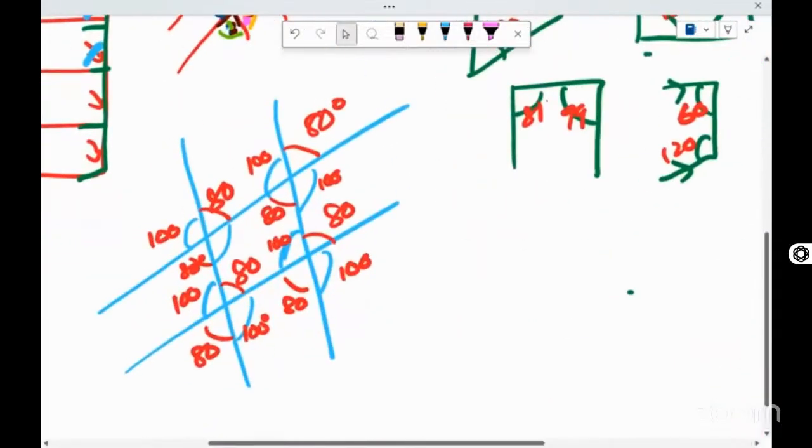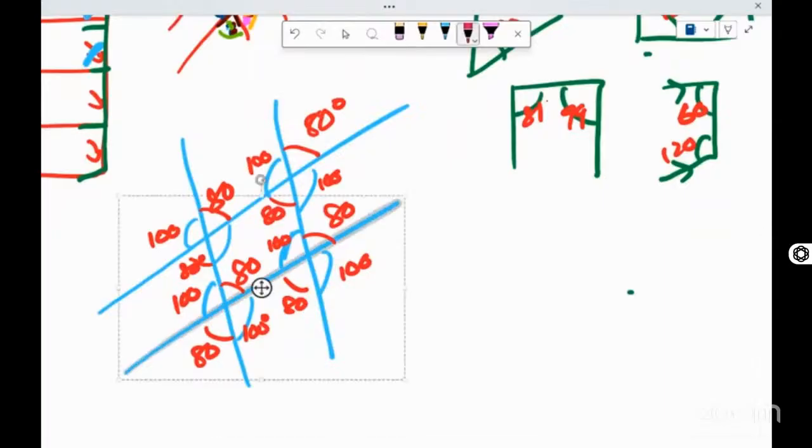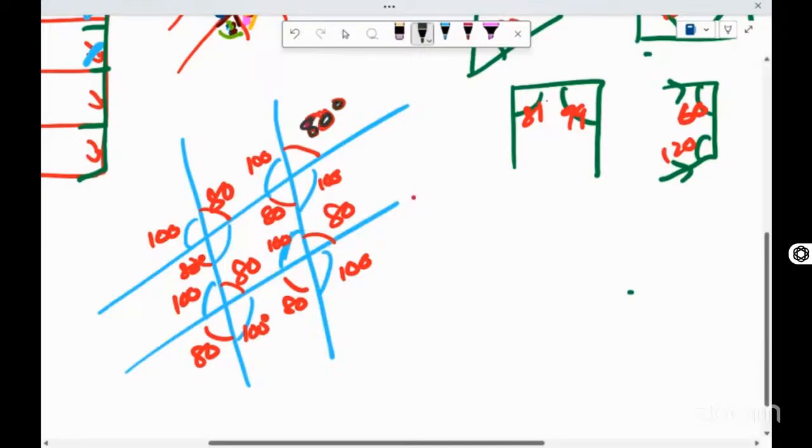Looking at this one over here now, if I'm told that one of the angles is 80 degrees, then automatically, vertically opposite angles where 2 lines meet will be equal, and corresponding angles will cause this to be 80, that to be 80, and that to be 80, as well as 100 degrees, which is angles on a straight line, because these 2 angles add up to 180.